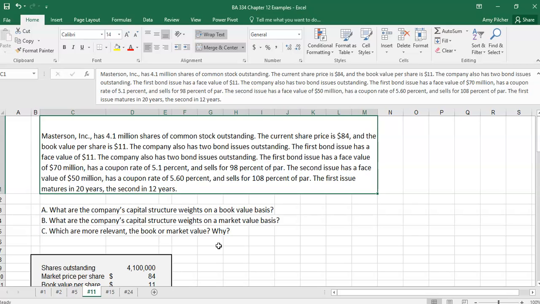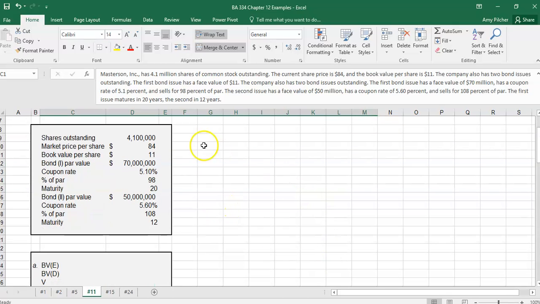So in this example, we're calculating the book value of the debt and the equity and the market value of debt and equity. So we have information about the market price per share, the book value per share. We have 2 bonds, so we have to take that into consideration.